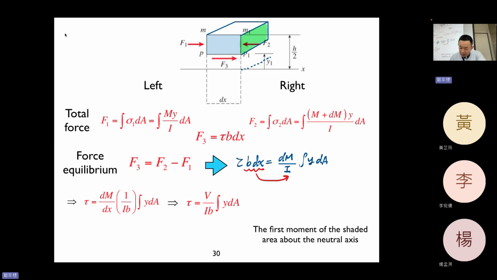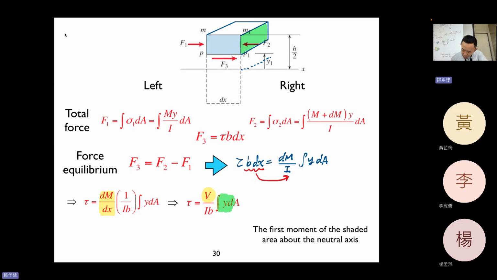And you notice that dM over dx is the shear value, right? We obtained it in chapter 4. The slope of the moment will be the shear value at that point. So we just substitute this as V divided by Ib and y dA. Remember y dA?